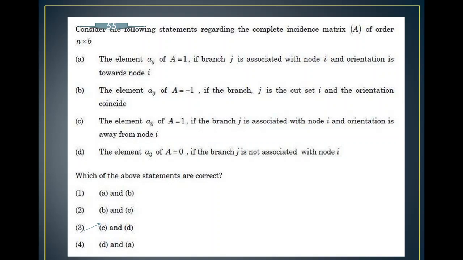Statement C. The element aij of A equals 1 if the branch j is associated with node i and orientation is away from node i. Statement D. The element aij of A equals 0 if the branch j is not associated with node i. Which of the above statements are correct? Option first, A and D. Option second, B and C. Option third, C and D. And option fourth, B and A. And the correct answer is option third, that is C and D.